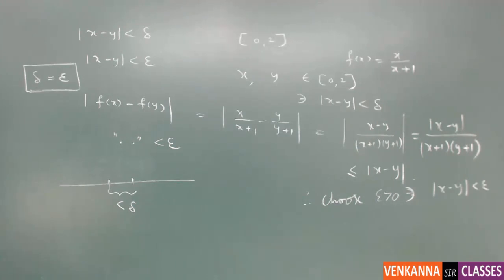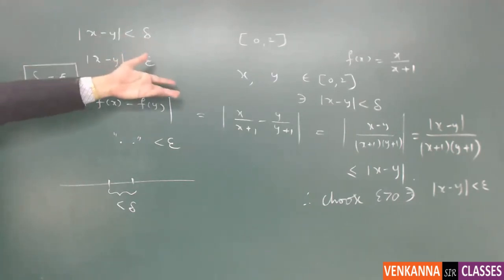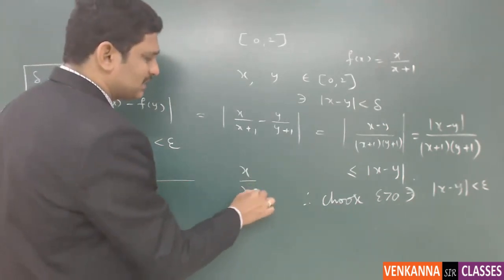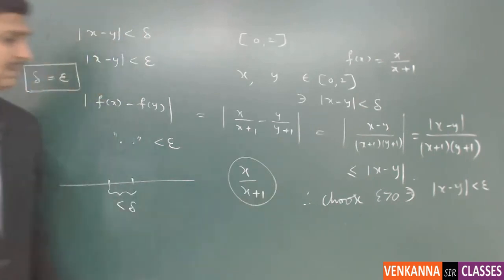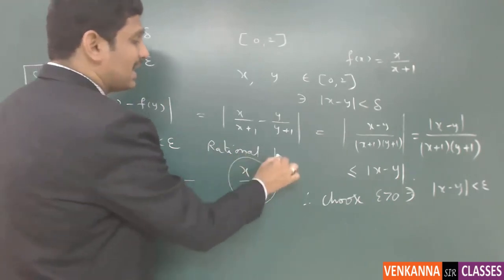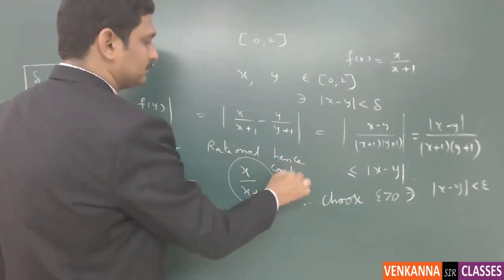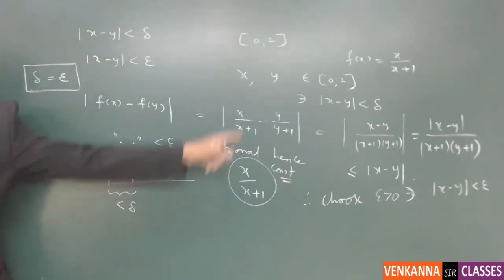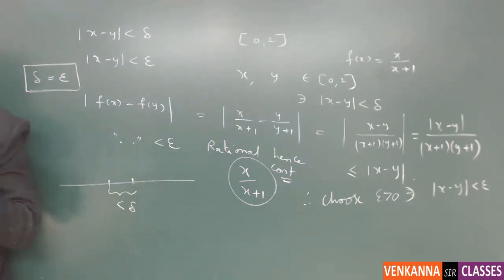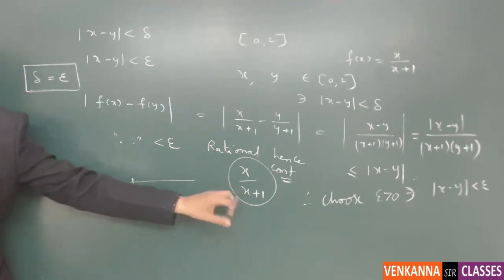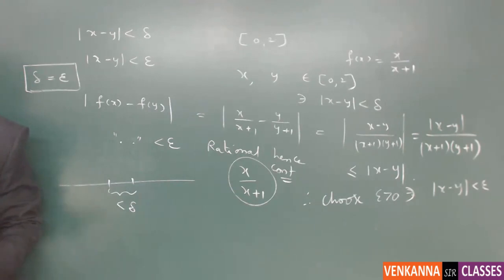Fine. Now I am going to say that the function is continuous on the given closed interval because the function is defined as x/(x+1). It is a rational function and hence continuous, and it will not be undefined on the given interval, because if the denominator is equal to 0, then what is the possibility of x here? x is equal to minus 1.